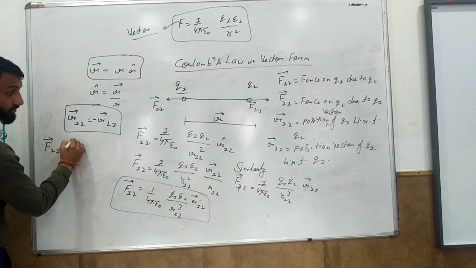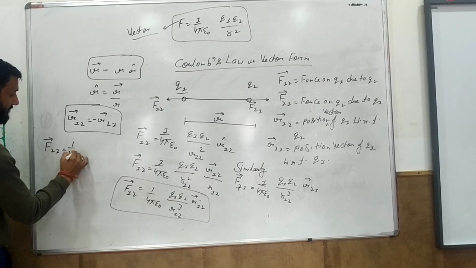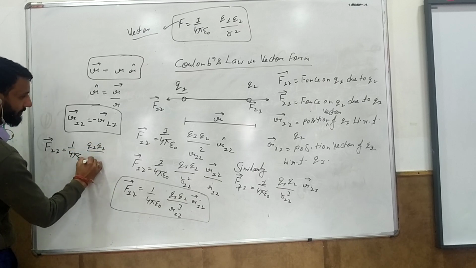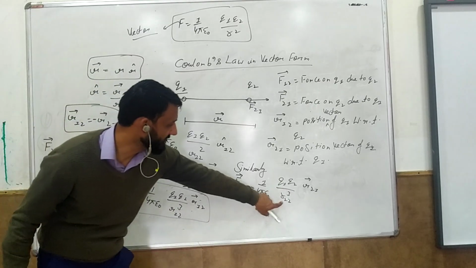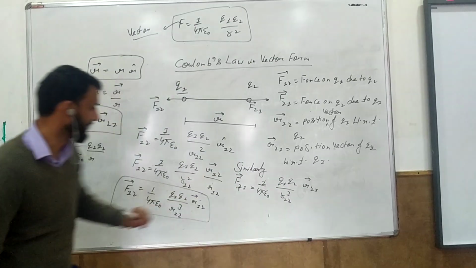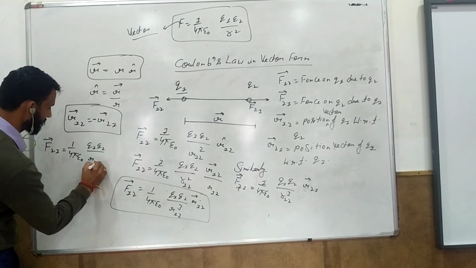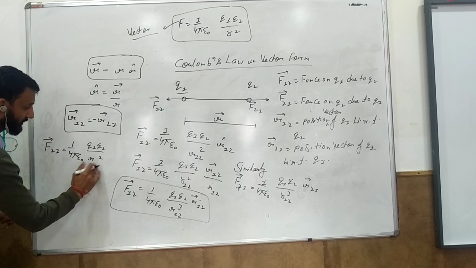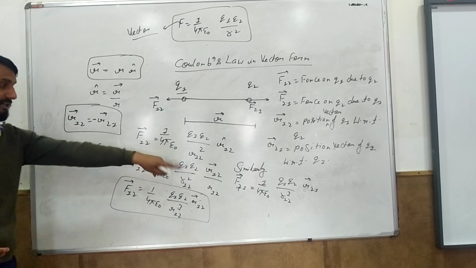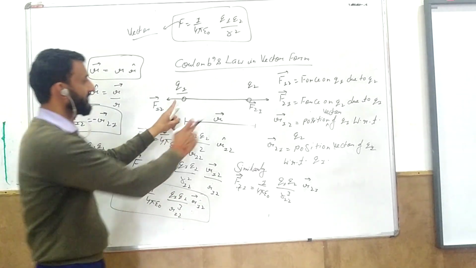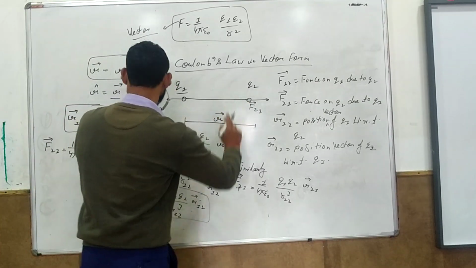F21 is equal to 1 upon 4 pi epsilon naught Q1 Q2 upon, now you know that this magnitude and this magnitude are equal, only there is a change in direction. If I write it as R21 square, I can write it as R12 also, because the magnitude is the same, the distance is not going to change.